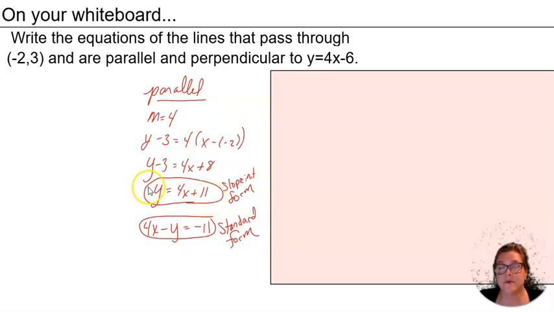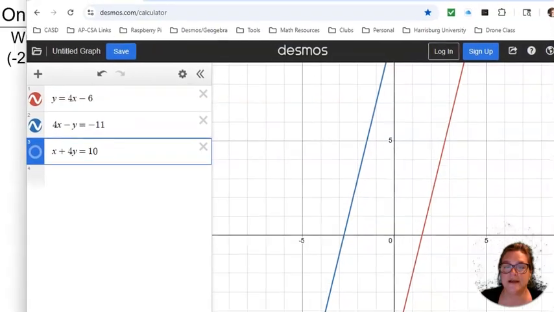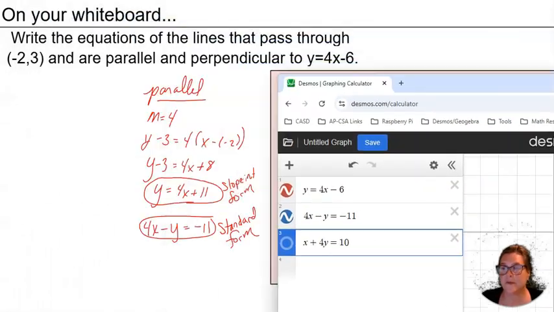In standard form, we'll subtract the y from both sides, subtract the 11 from both sides, and we have 4x minus y is equal to 11. When we graph that in Desmos, those two lines together, we can see that they are in fact parallel lines. They have different y-intercepts, but the same slope.